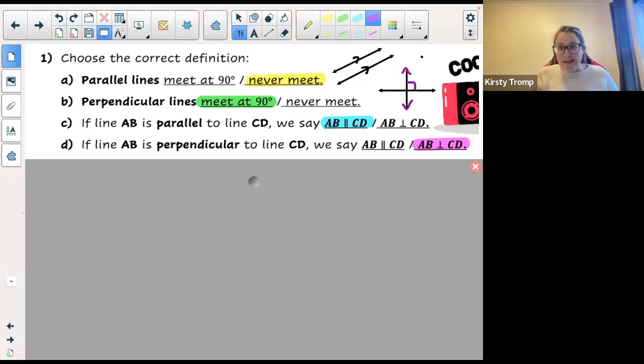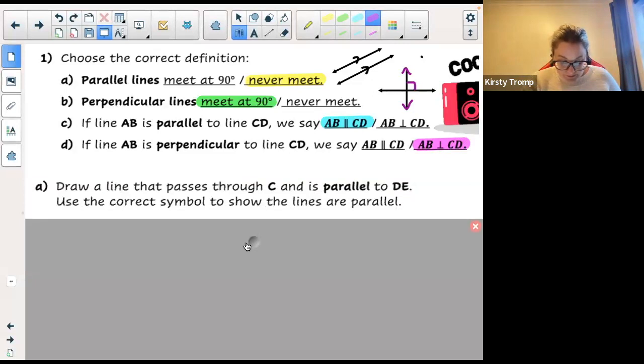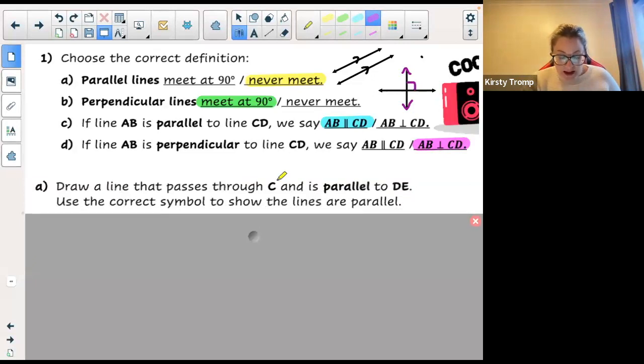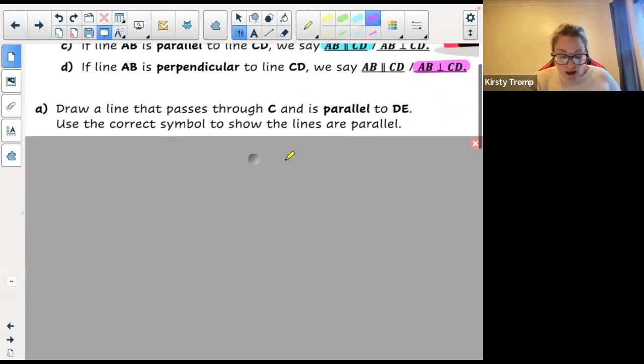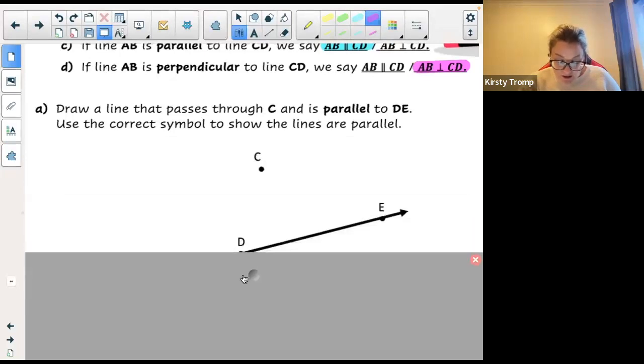Okay. So our question says, draw a line. Now we've got to be careful. Pick up your rulers, pick up your pencils. Here we go. Draw a line that passes through C and is parallel to DE. So there's your points.